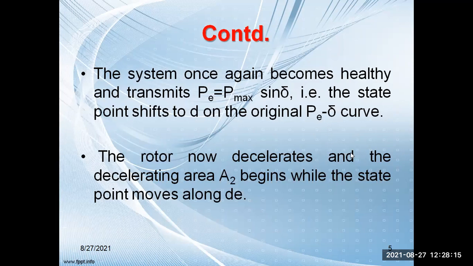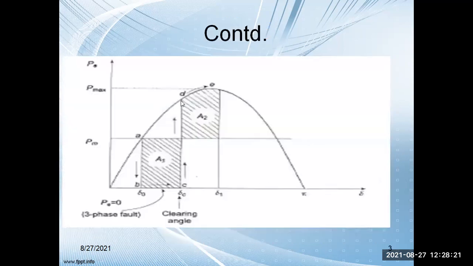Now the rotor decelerates and the decelerating area A2 begins while the state point moves along D. I told you that because of the inertia, it will continue to accelerate for some duration. Till what time will it continue? Till whatever energy is stored from delta 0 to delta C is completely released during this period.